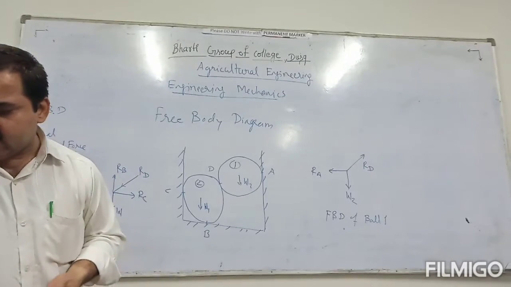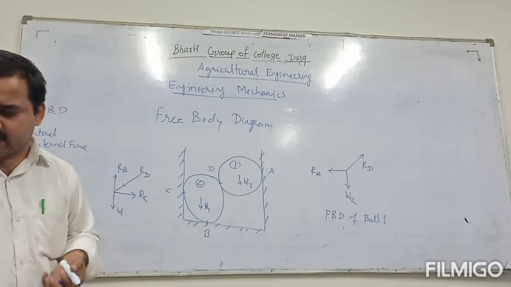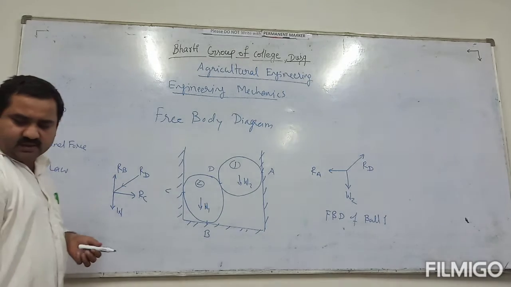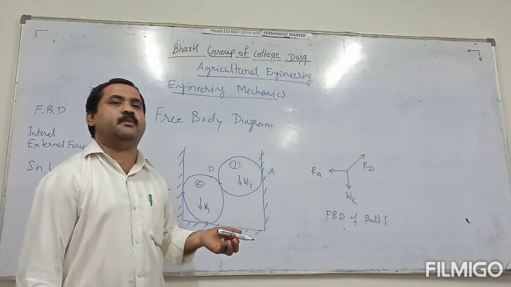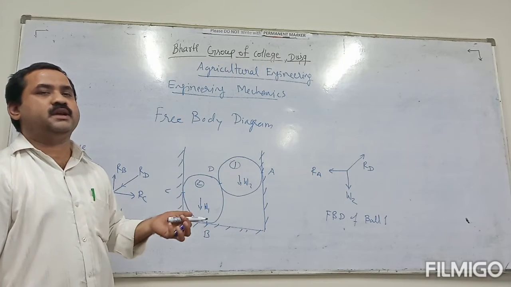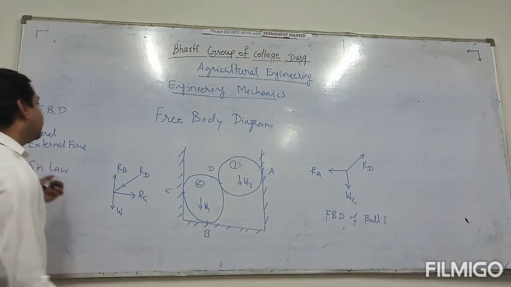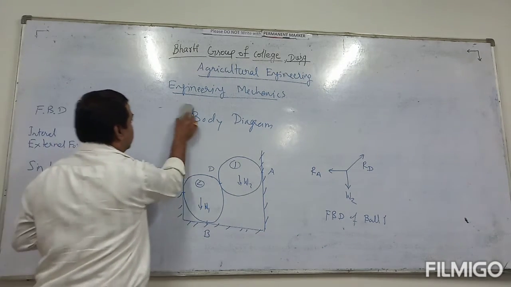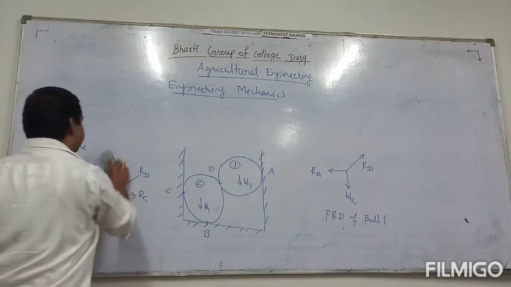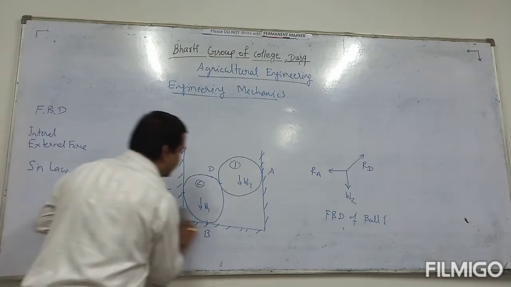We can also take some more types of examples for free body diagrams, where sometimes tension is also there, and some internal and external forces. So we'll discuss internal and external force.